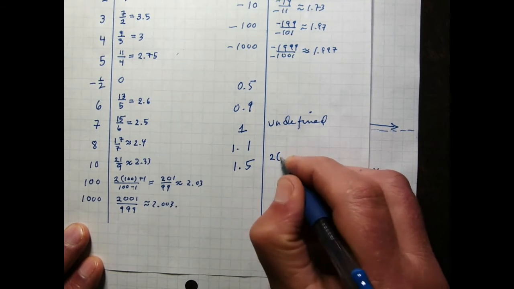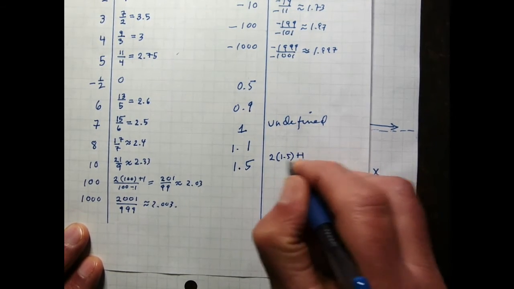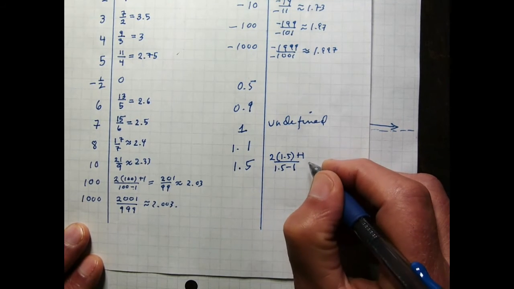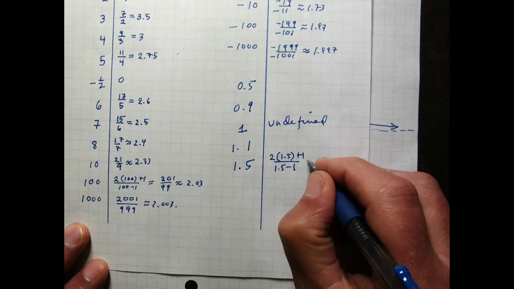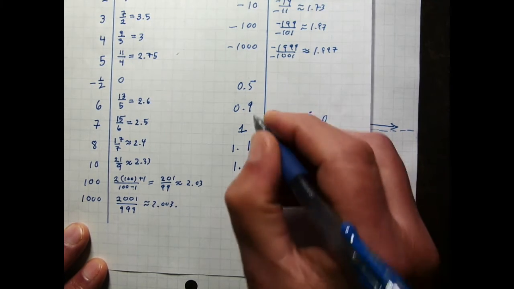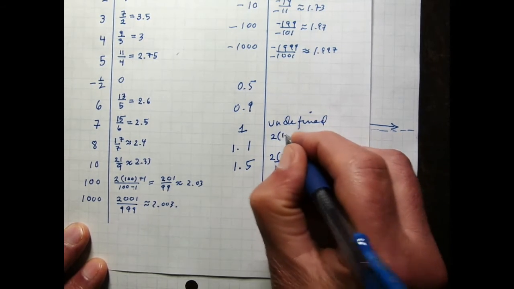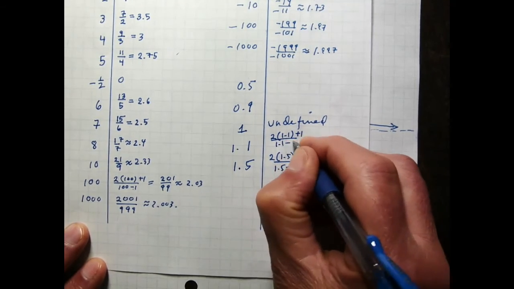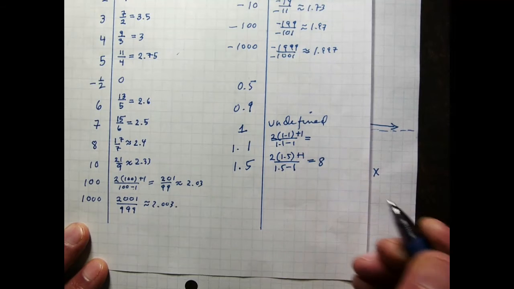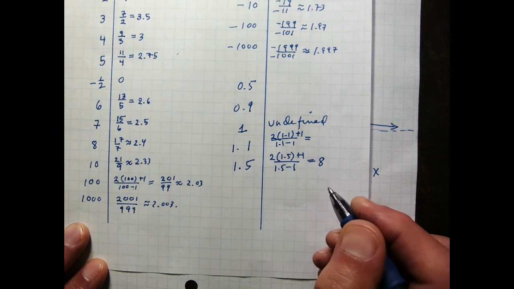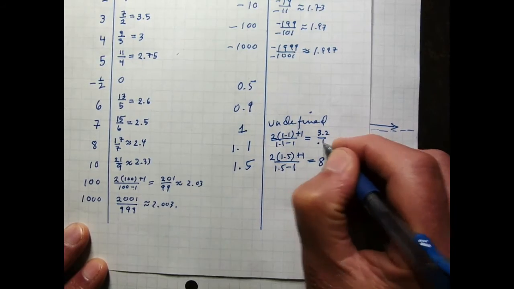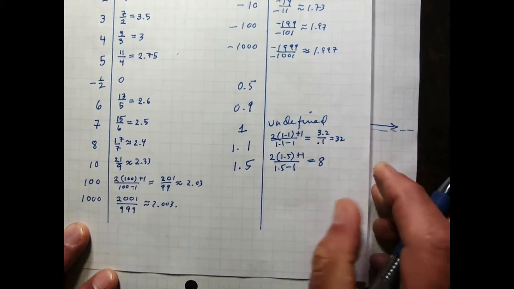Now I get 2 times 1.5 plus 1 over 1.5 minus 1, right? When I plug into the function, that's exactly equal to 8. At 1.1, I get 2 times 1.1 plus 1 over 1.1 minus 1. I just want you to see that you could do these calculations by hand. I get 3.2 over 0.1, that's 32 exactly.